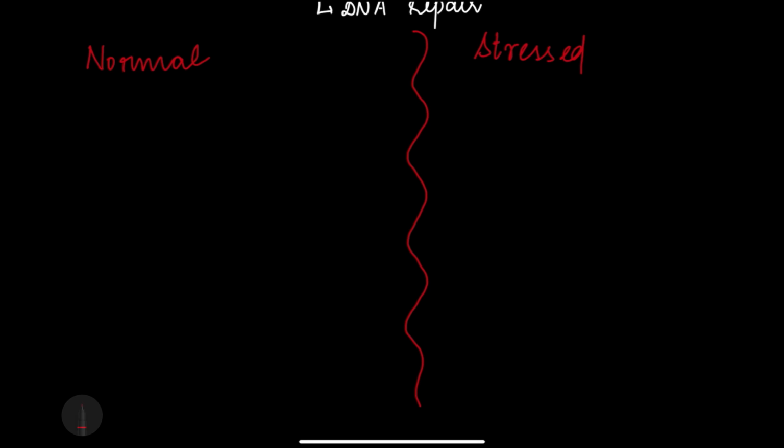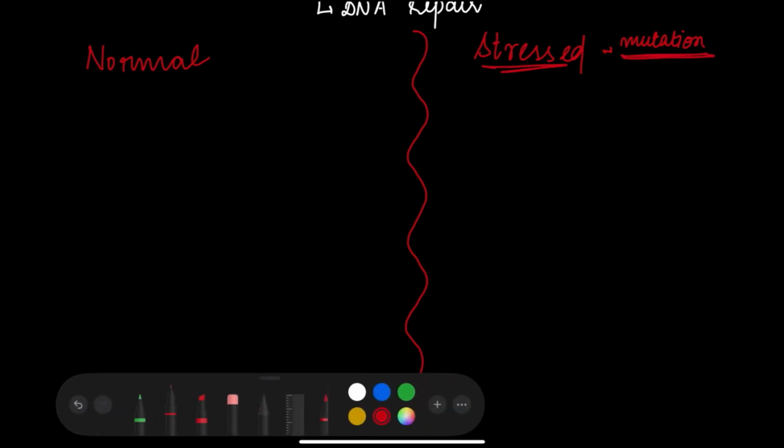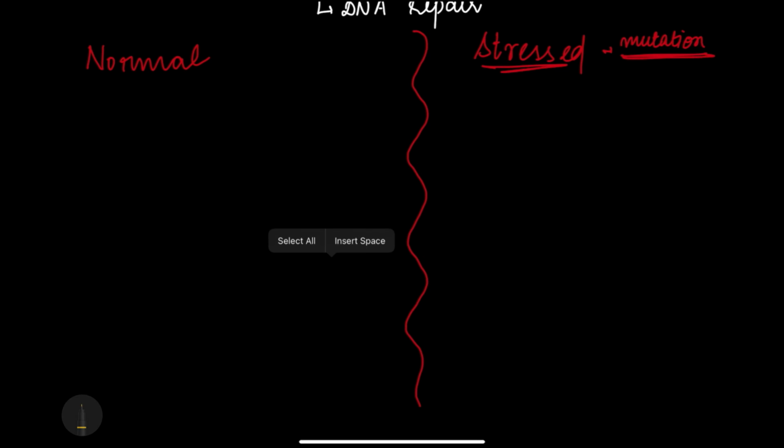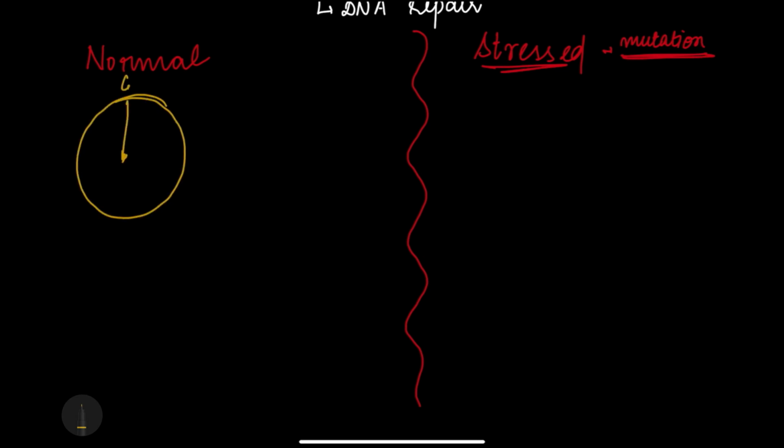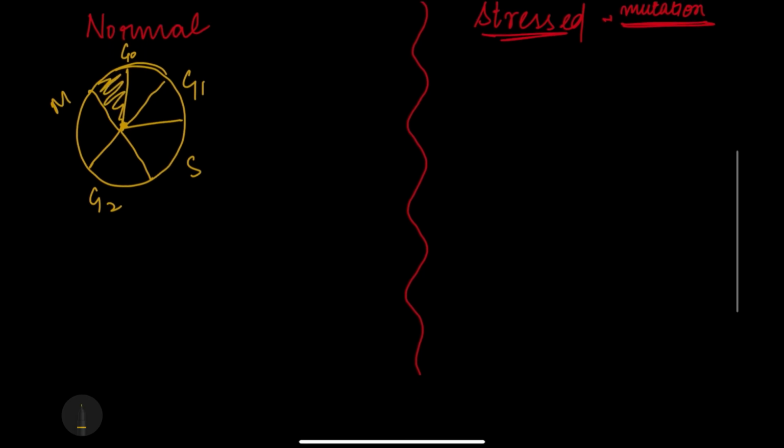Stressed condition is the one in which there is mutation. We'll also learn about how mutation happens, right? So this is our cell cycle, this is our G0 phase, then we have the G1 phase, then the S phase, G2 phase, and the M phase. This is the interphase, right?